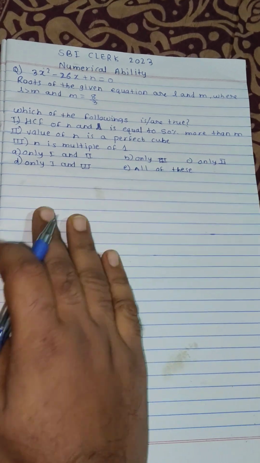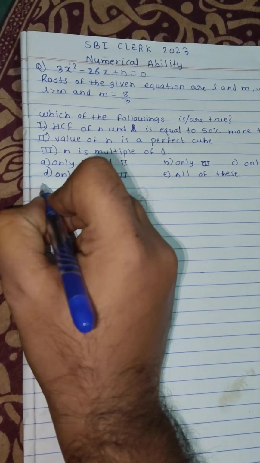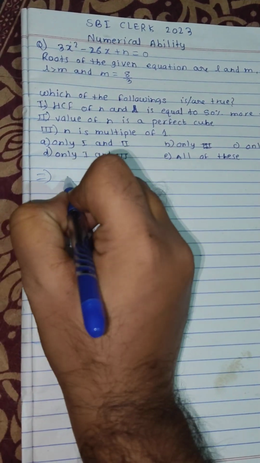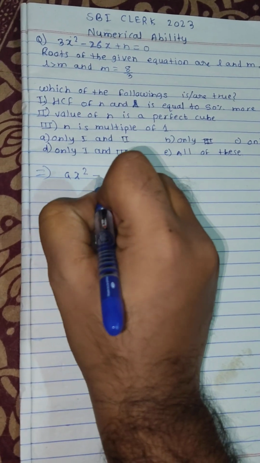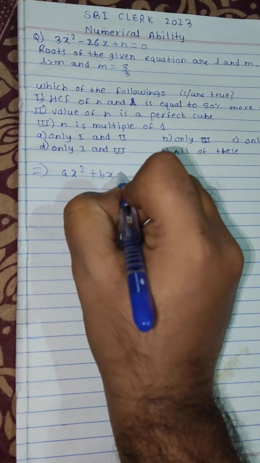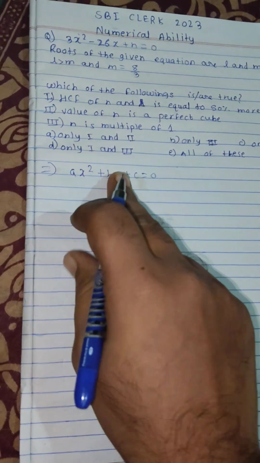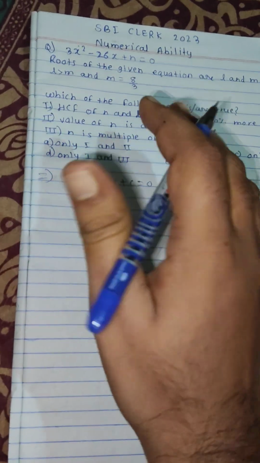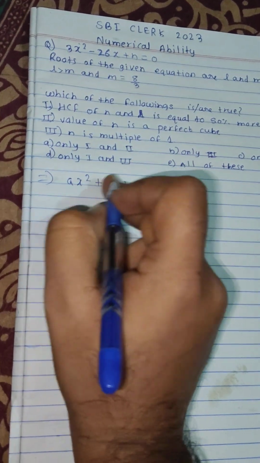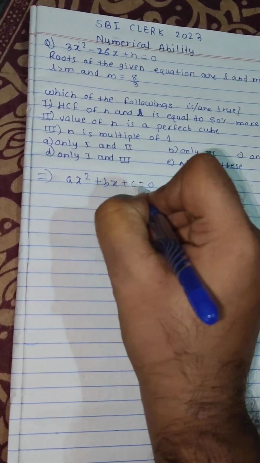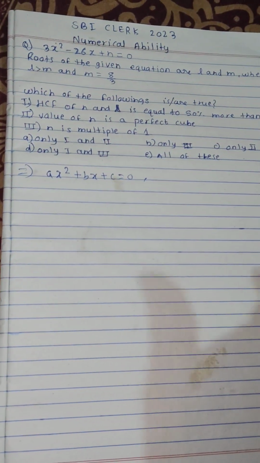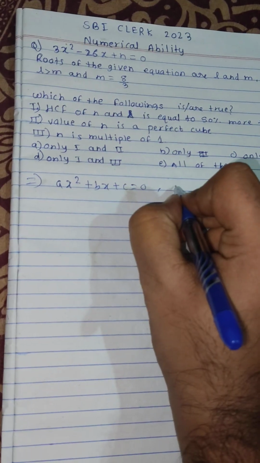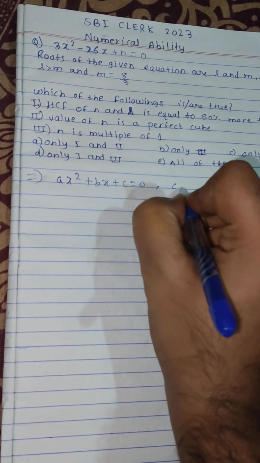So let us consider a quadratic equation. I will just explain the rule of a quadratic equation, ax square plus bx plus c. When we solve this quadratic equation, we get roots. Let us consider the roots as c and d.